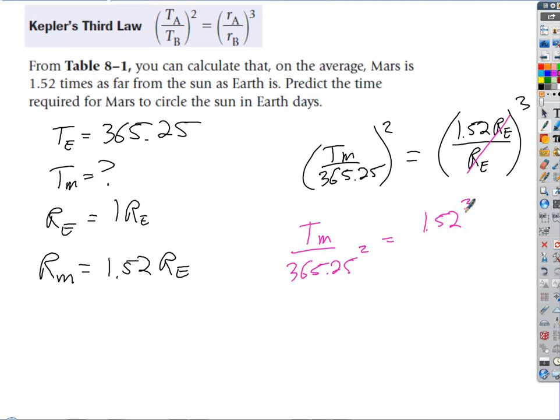All I do is just multiply each side by that. Does that make sense? Oh, sorry, that's going to be T squared, right? Yeah. So then I'm going to multiply each side by that, and then I got a square root, right? Well, couldn't you just cube the 1.52 and then take the square root of that number? Okay, that's a good point. So we could make this a little quicker, couldn't we?